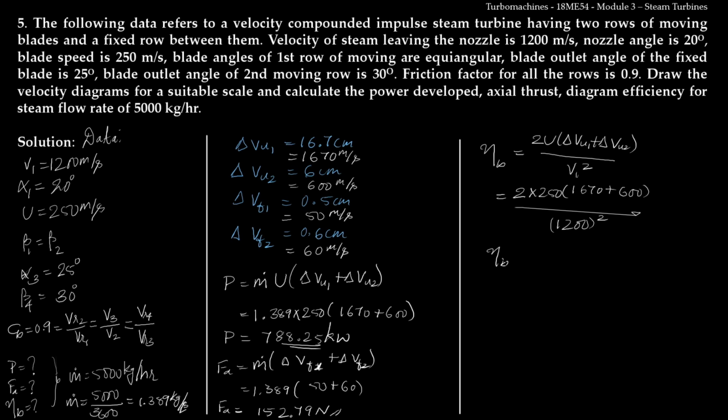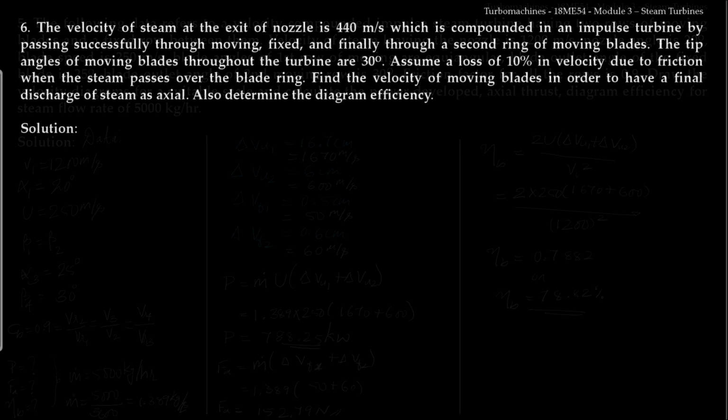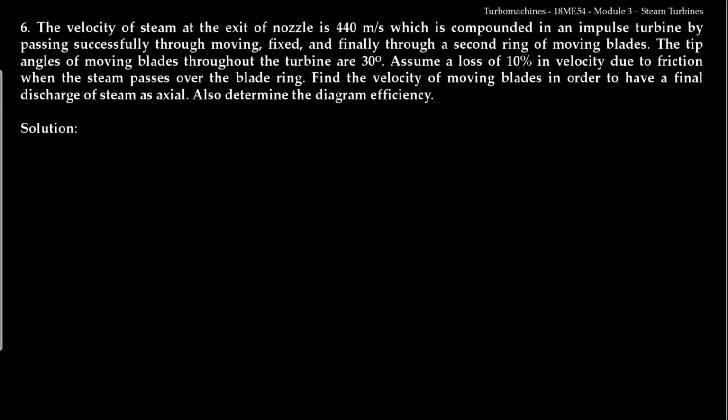So blade efficiency we will get it as 0.7882, or the diagram efficiency can be written in terms of percent, that is 78.82%. So this is the efficiency of the blade or the diagram efficiency. This completes problem number 5. Now let us solve problem number 6.